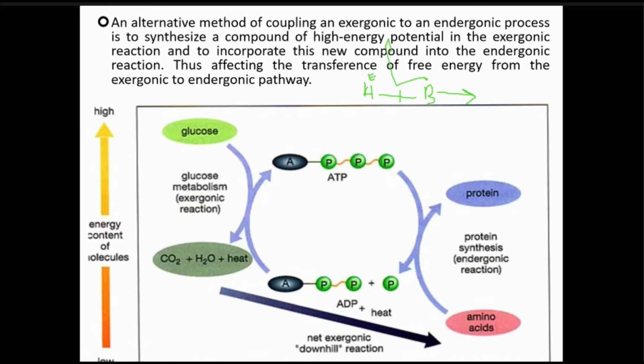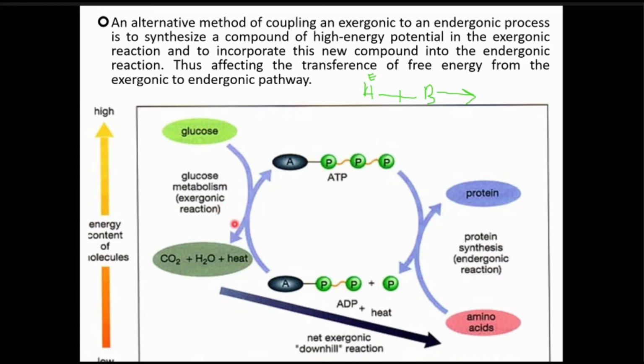In this diagram, as an example, glucose is low energy and this is high energy. You start with glucose, and when you metabolize it, by exergonic reaction, what we said is exergonic reactions are spontaneous and don't need energy.